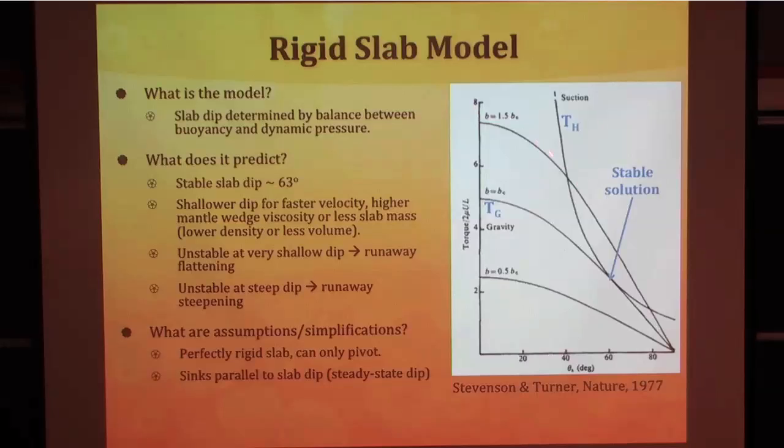And each of these curves are different predictions of the gravity based on a certain critical buoyancy for the slab, so varying the density difference or the thickness of the slab. What they found is that there is a solution where the two things are equal, and one solution is stable here, whereas this solution over here and this solution over here are unstable. Okay? So the stable solution predicts an average slab dip of about 63 degrees.